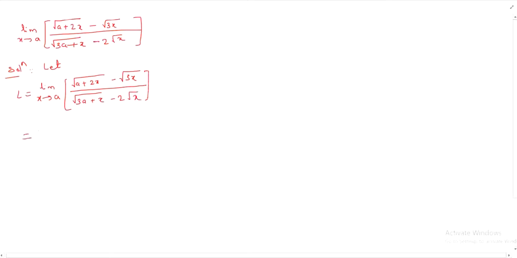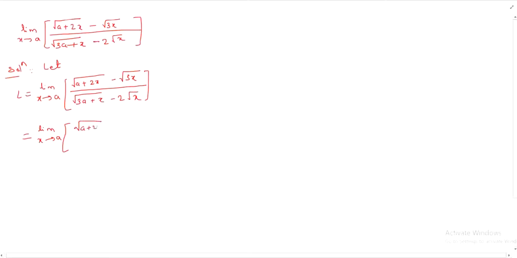So be aware of this. So here by rationalization, we have to rationalize both numerator and denominator, because both are in irrational form, that's why we have to rationalize both. So see how to rationalize it.